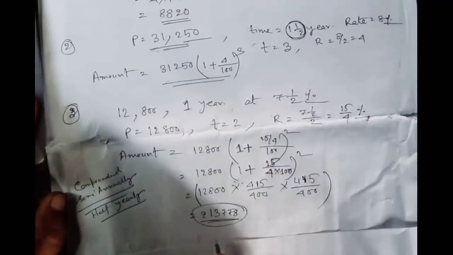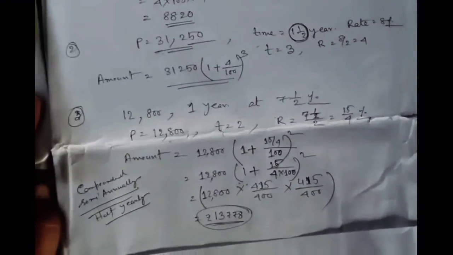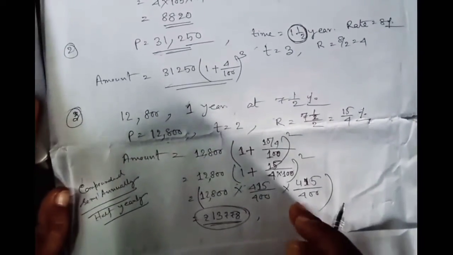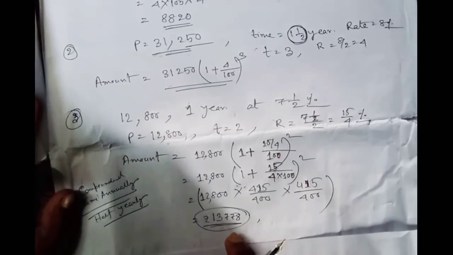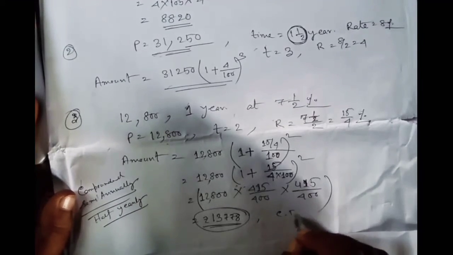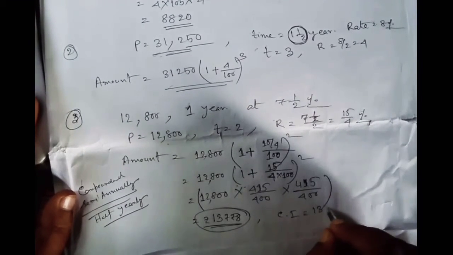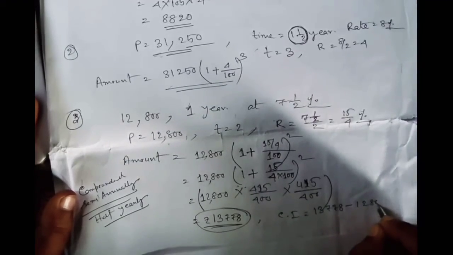Now, actually the answer differs from the book. So, we have to find the amount and compound interest. So, the compound interest should be 13,778 minus 12,800.